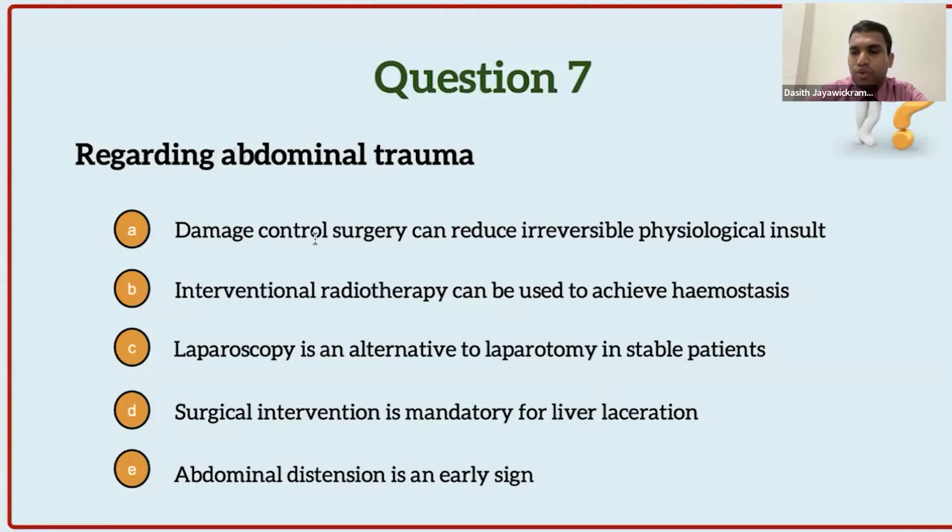Around 2 liters of blood can be collected in the abdomen, and if you consider the pelvis also, almost 3 liters of blood could collect in the abdomen without visible distension. So abdominal distension is a very late sign, and sometimes it is the last sign you see after the patient dies. So it is not an early sign. Very good. So you have understood the concepts.